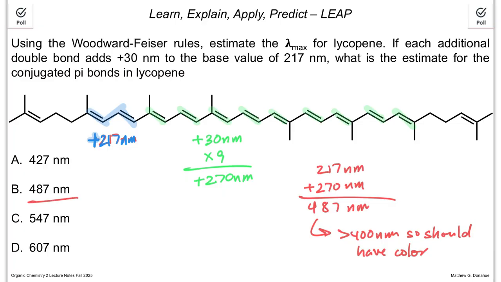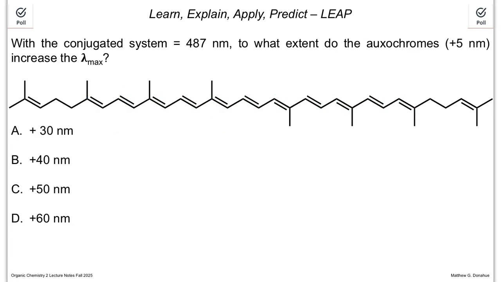So we're just doing the approximation of the alkenes at this point. So we haven't considered the auxochrome contribution yet. So from the base value of the diene, the contribution of the other conjugated alkenes, that gets us up to the 487. So we have, there we are, 487.